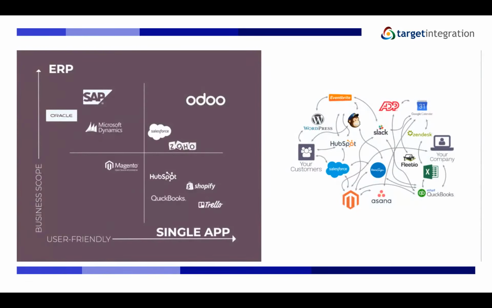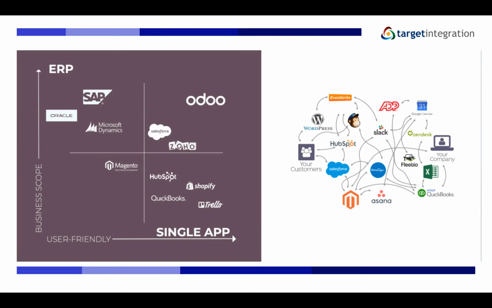So let's dive into the content. On this specific slide, what we'd like to address is the business scope of Odoo, which is very large, while also keeping in mind user friendliness. On the image on the left, you can see where Odoo targets itself compared to its main competitors, meaning we want to make sure that Odoo offers a solution for many different processes that companies need to efficiently manage their business.